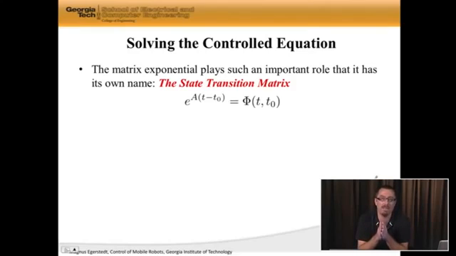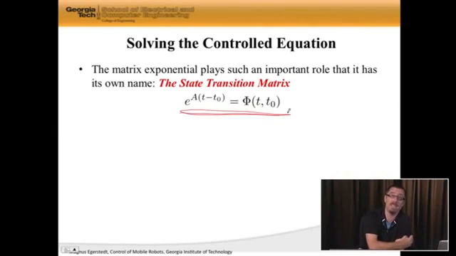It's known as the state transition matrix. And sometimes I'm going to write big Phi of t and t naught. What we should remember is that this is simply this matrix exponential. That's all it means, but it will show up quite a bit.